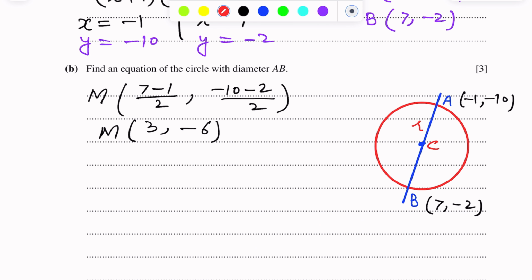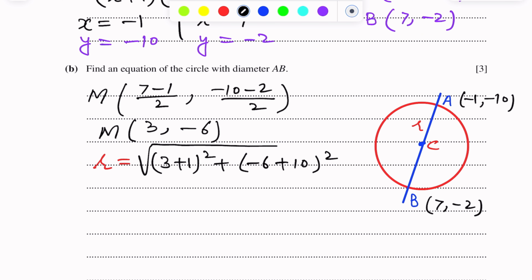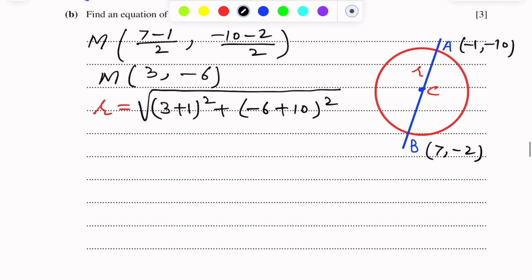The radius will be the square root of (3 + 1)² + (−6 + 10)². After simplifying, we get the radius equal to the square root of 16 + 16, that is, the square root of 32.